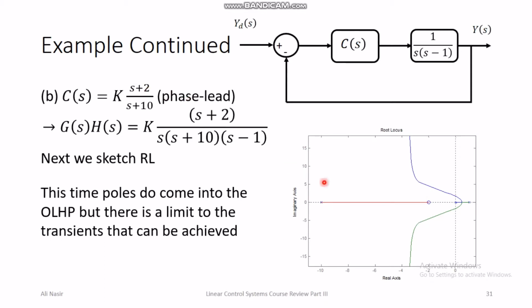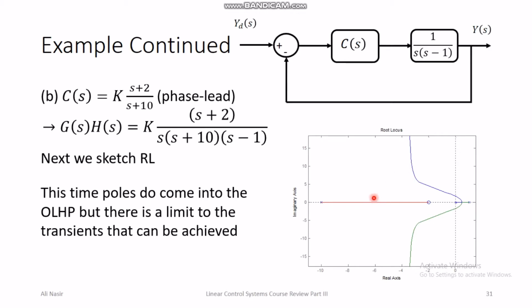But the root locus is such that the poles cannot go far enough into the left half plane with a small imaginary part.